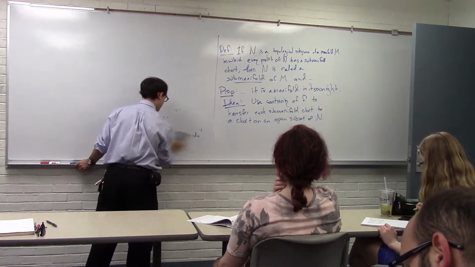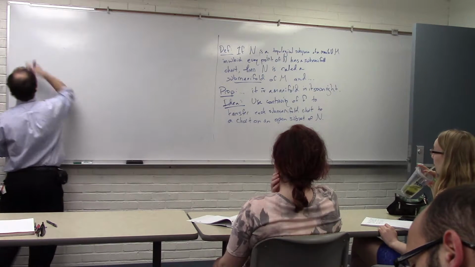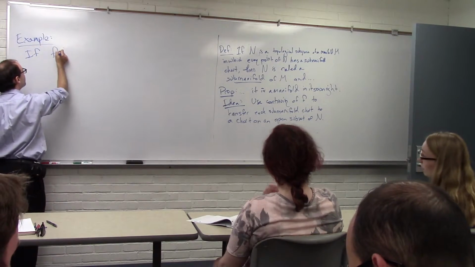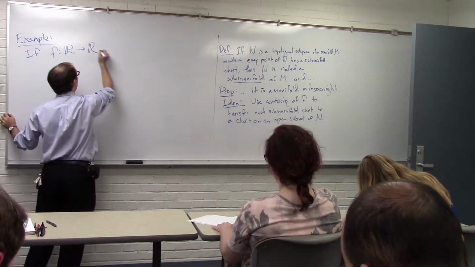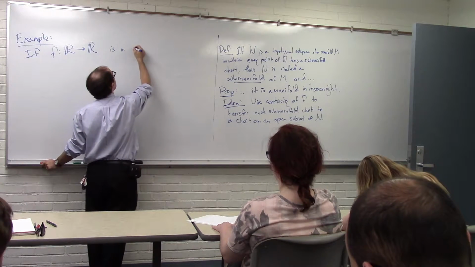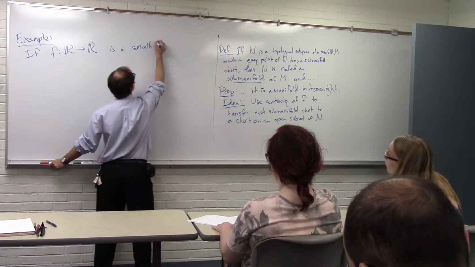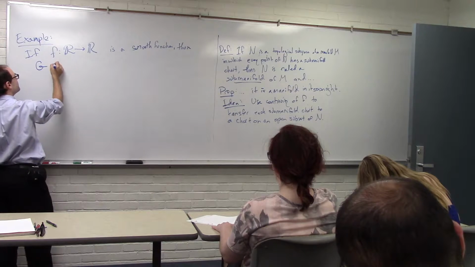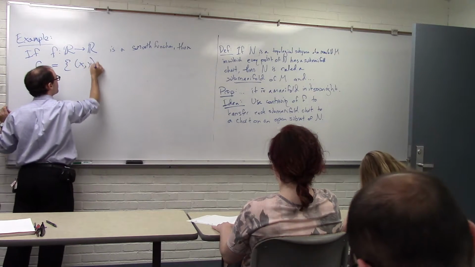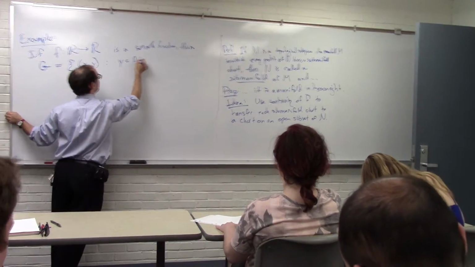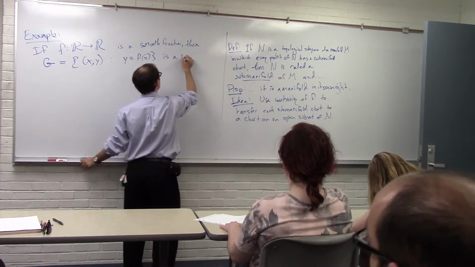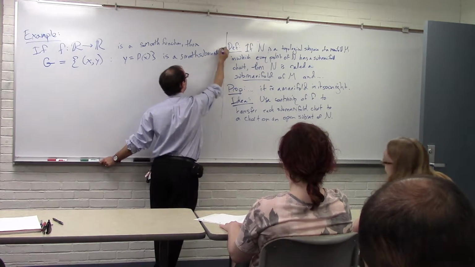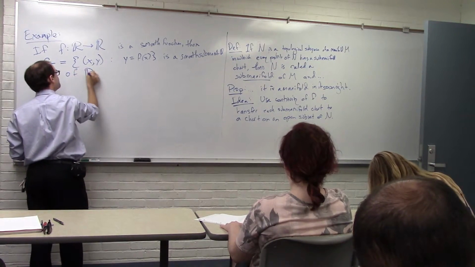Example: if f from R to R is a smooth function, let's say, then its graph, the set of all points (x, y) such that y is equal to f(x), is a smooth submanifold of R^2.